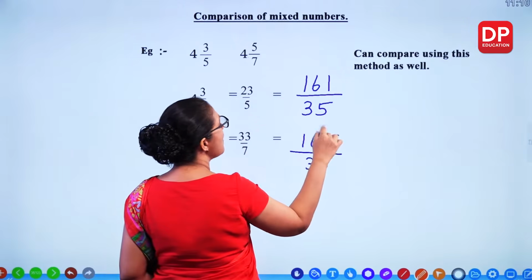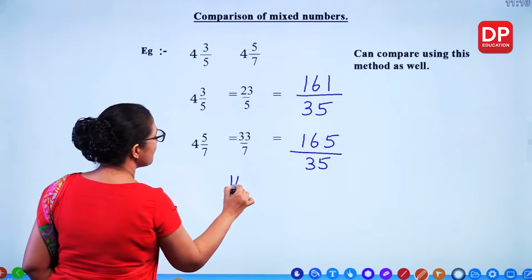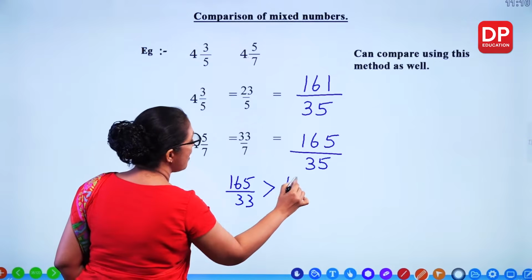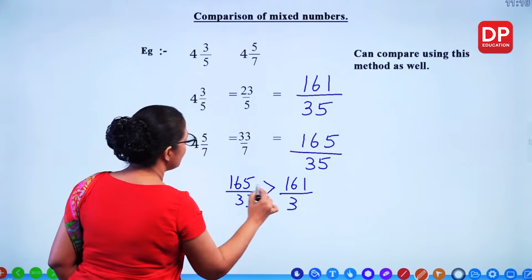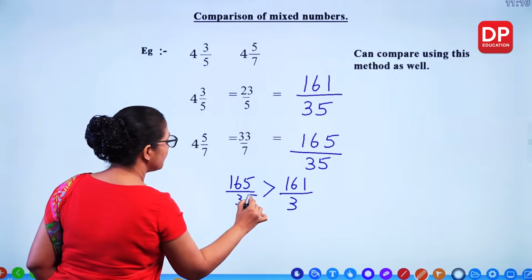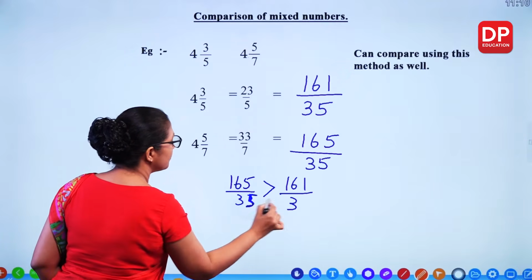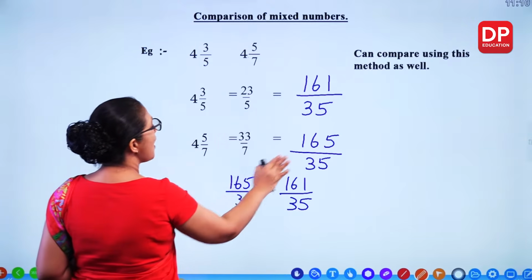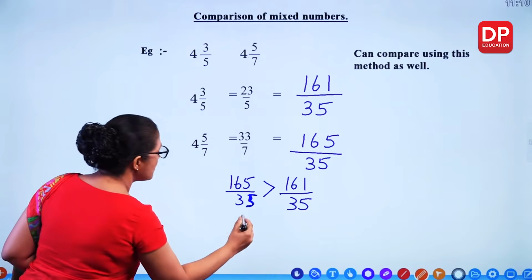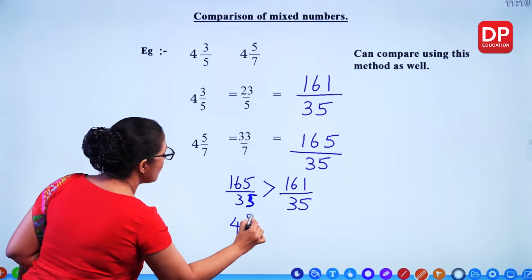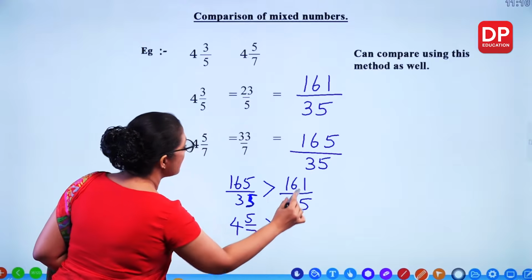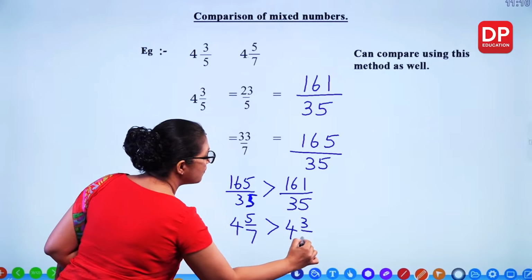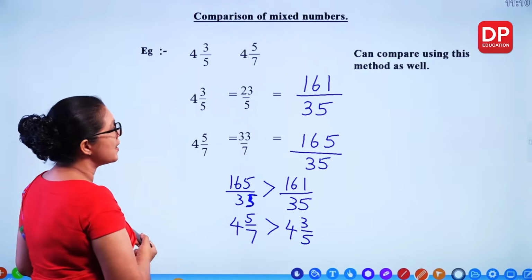So 165 is bigger than 161. Now 165 means this mixed number, 4 and 5 over 7, that's bigger than 161, which means this one, 4 and 3 over 5. So this one is bigger.